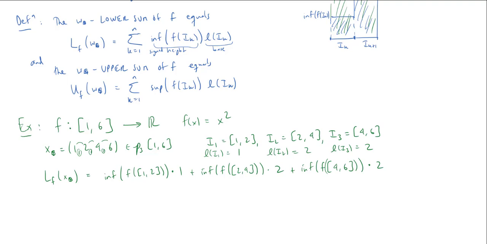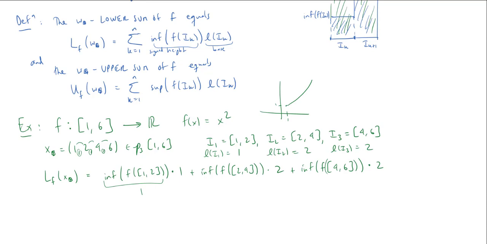They don't have to. They could occur somewhere in the middle. We're just lucky in this case because we start at 1, and x squared is an increasing function. So the infima will always occur at the left endpoint. So in this case, f of 1 is 1, since 1 squared is 1.